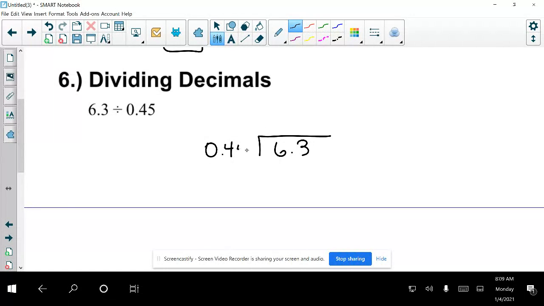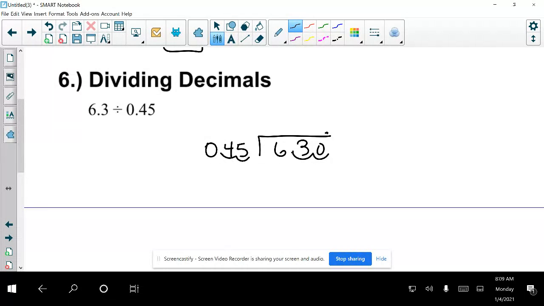Now, we do not take away the decimals to do this math, okay? But we do have to sort of take them away. Joshua, what do we do? Okay. Why twice? Exactly. This is called the dividend, 0.45.